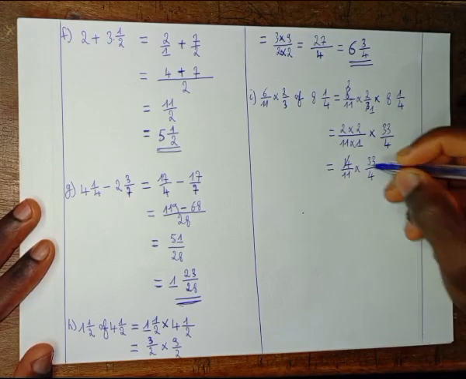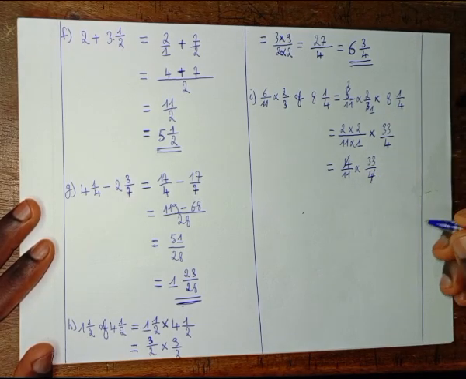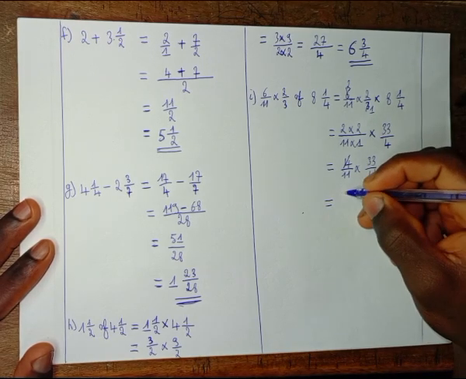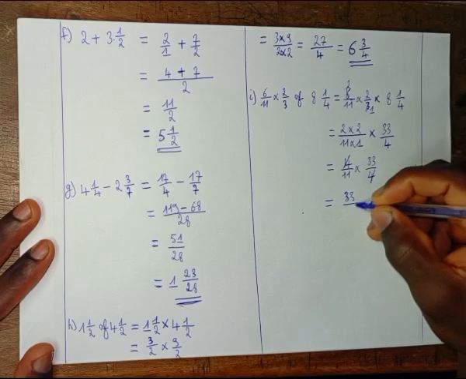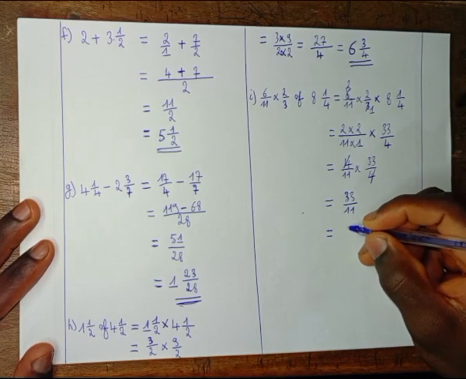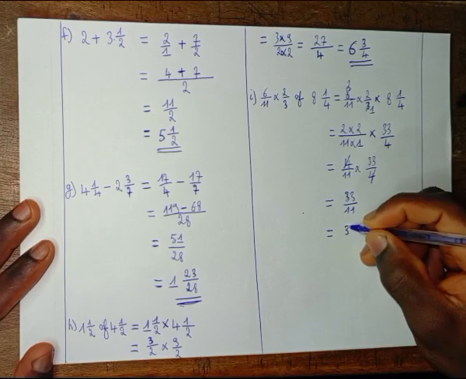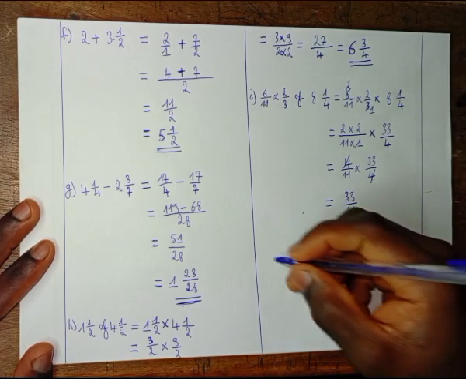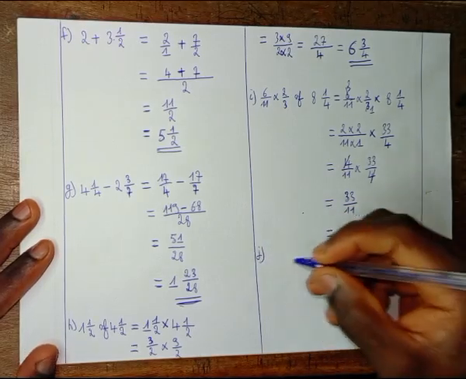You see that the 4 at the numerator will cancel the 4 at the denominator. This will simply be equal to 33 all over 11, and 33 divided by 11 gives us 3. So this will be the answer. We go now to question J.